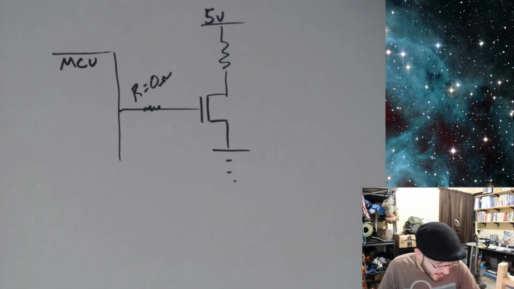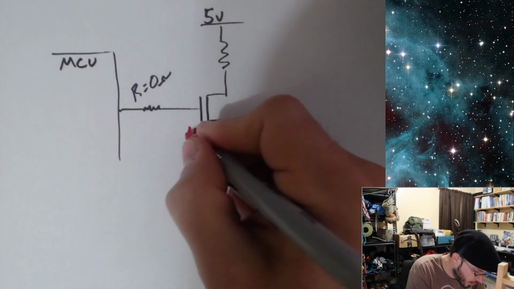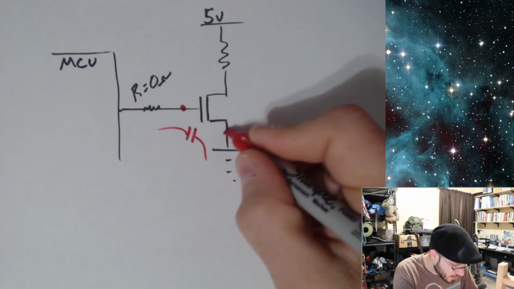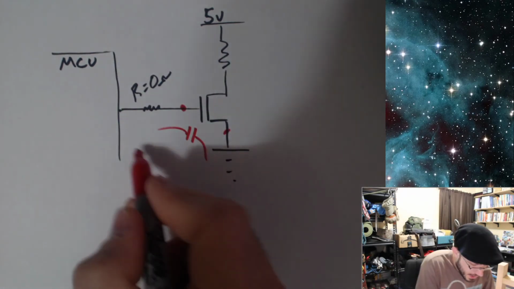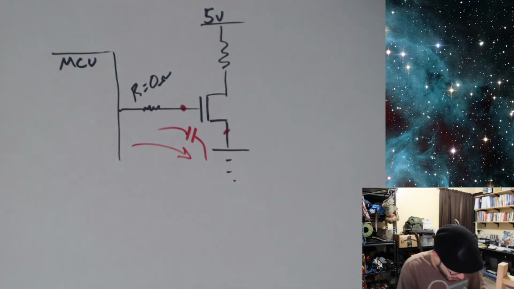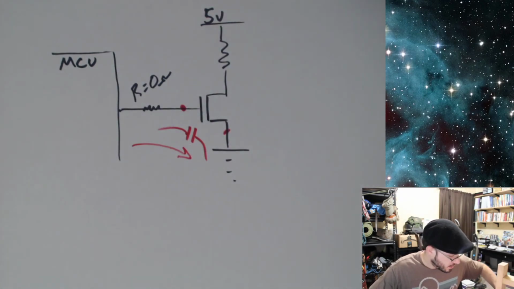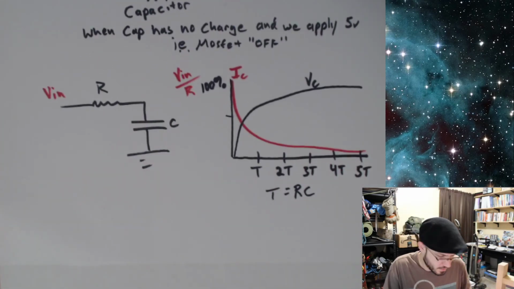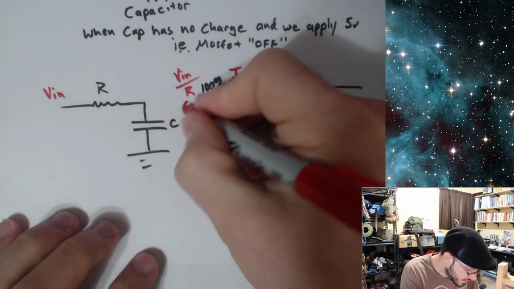So if you imagine that I have this capacitor that's been formed here between the gate and my current going in there, well, now look at what happens. My R is 0.